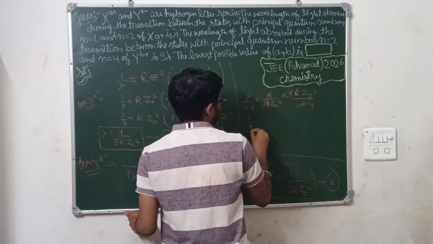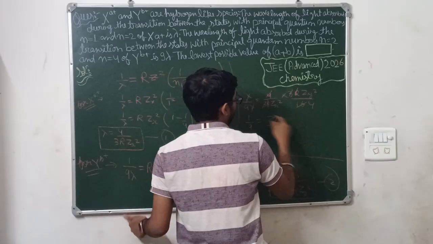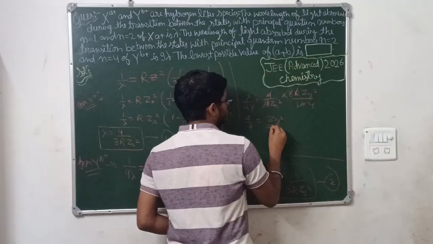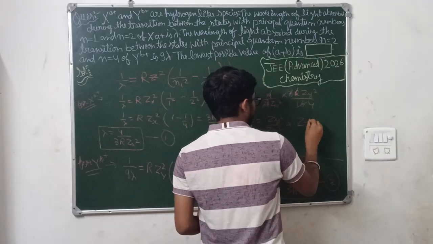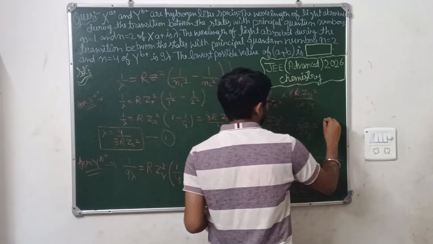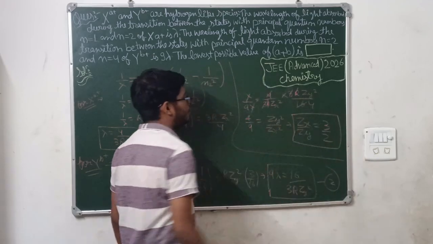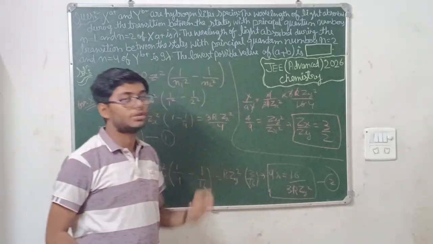So 1 upon 9 equals Zy square upon 4 Zx square, which gives 4 by 9 into Zx square on the other side. So the relation is Zx upon Zy equals 3 by 2.